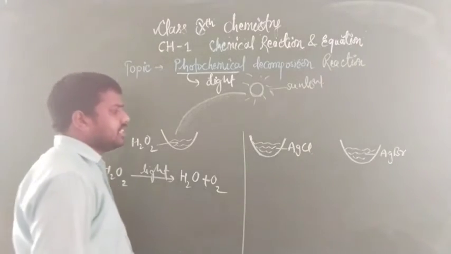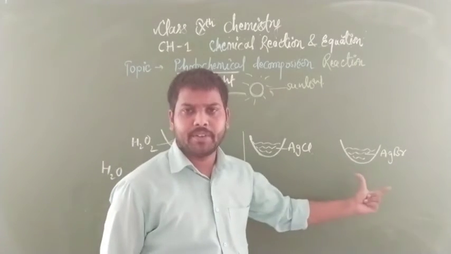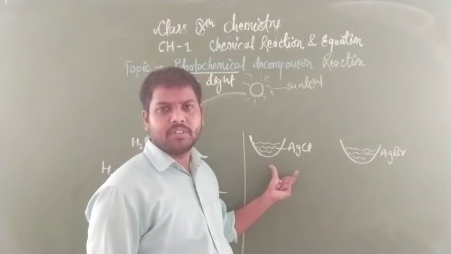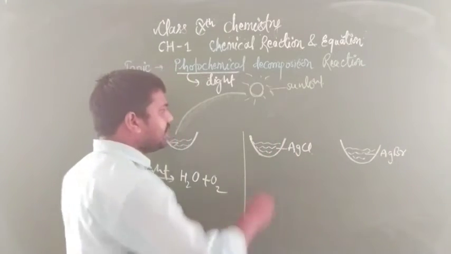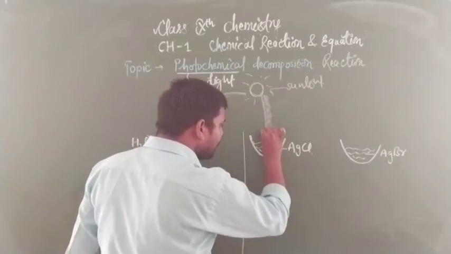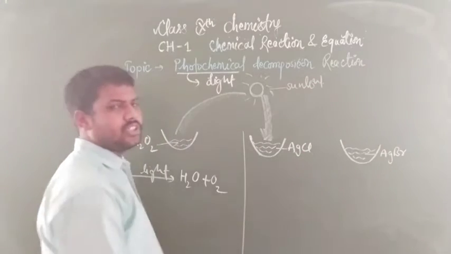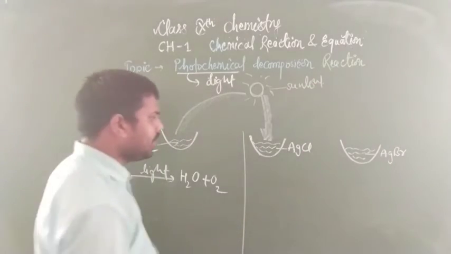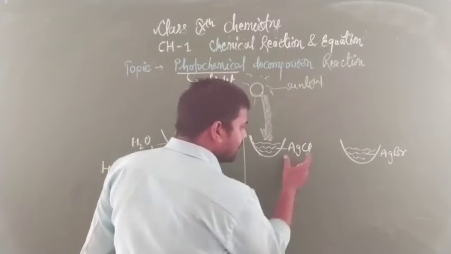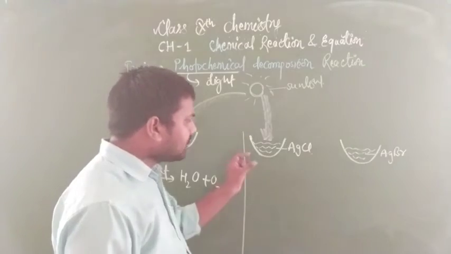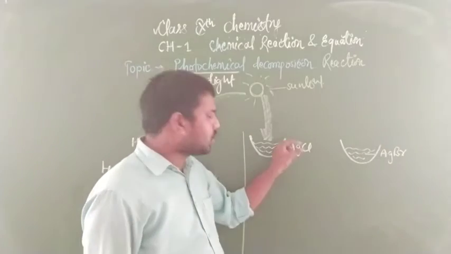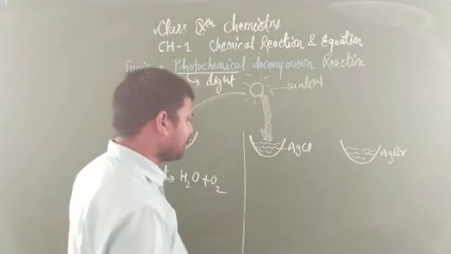Now see, silver chloride and silver bromide, when these compounds are exposed to sunlight and the ray of light falls on them, this silver chloride, which is white in color, turns grey after some time and chlorine gas evolves.